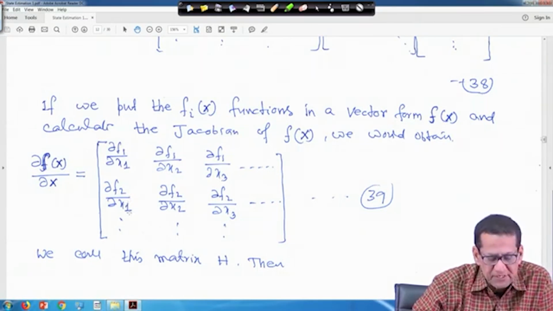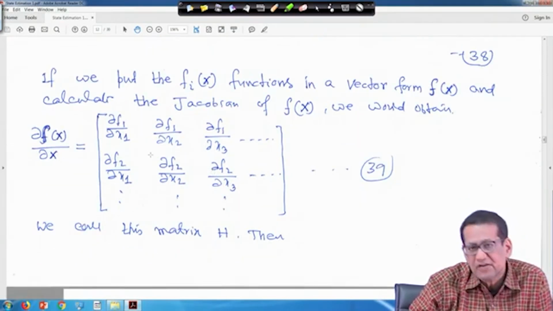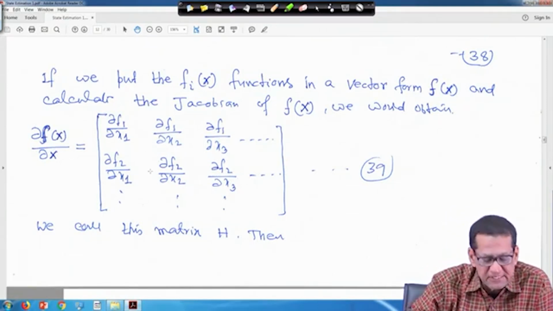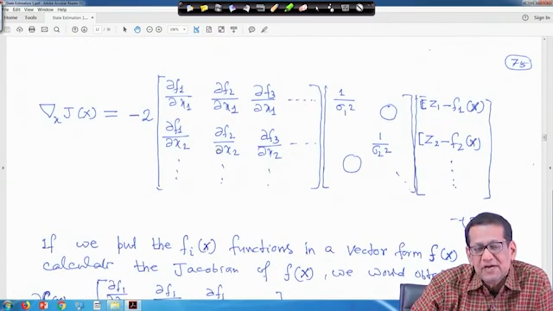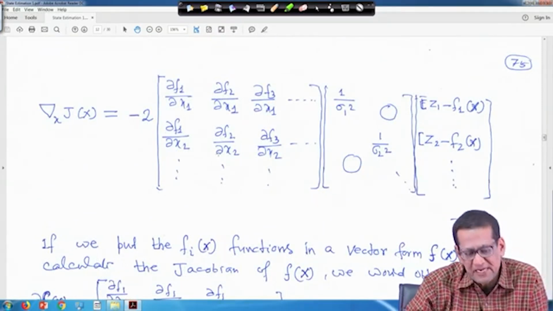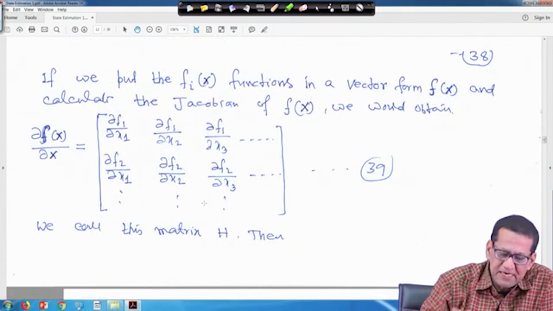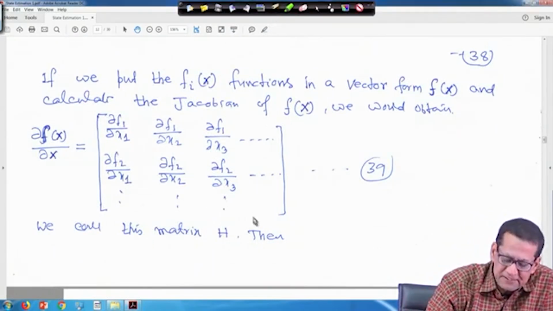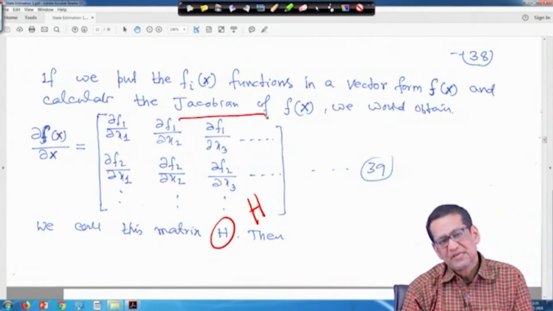Similarly, delta f 2 upon delta x 1, delta f 2 upon delta x 2, delta f 2 upon delta x 3 and so on. So it is basically the Jacobian matrix. If you look into this matrix, you will find it is the transpose of another one. Therefore, we call this Jacobian matrix, the Jacobian of f of x, the matrix H.